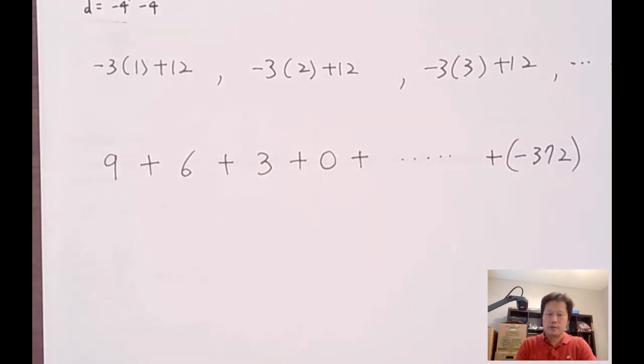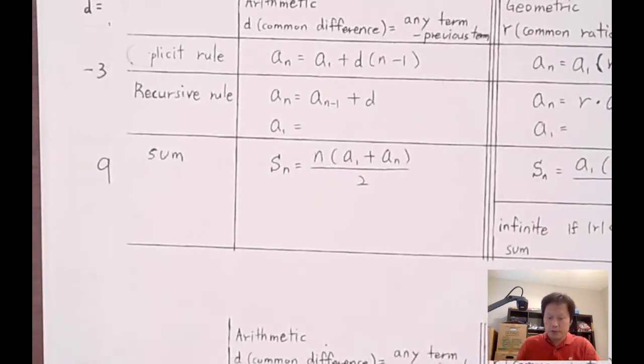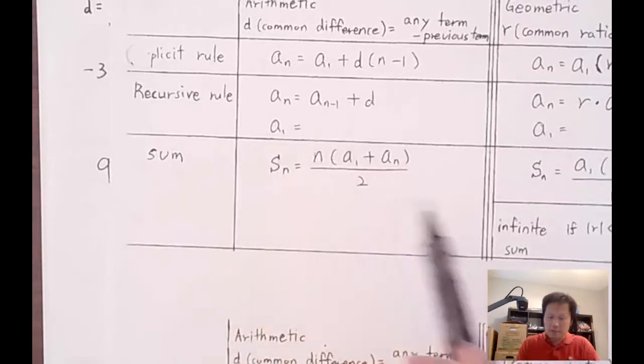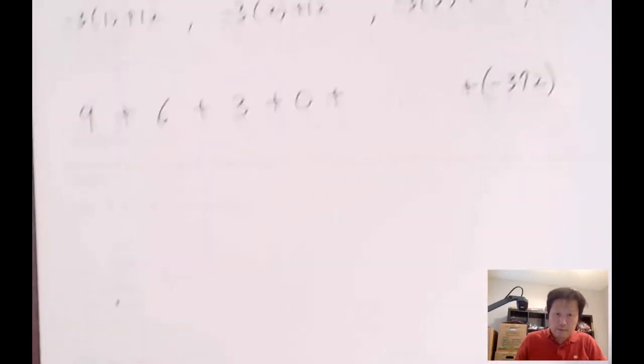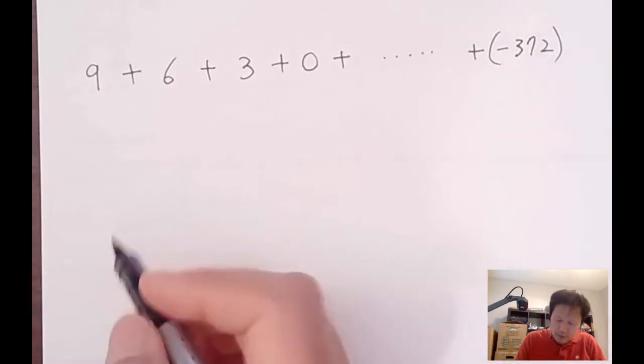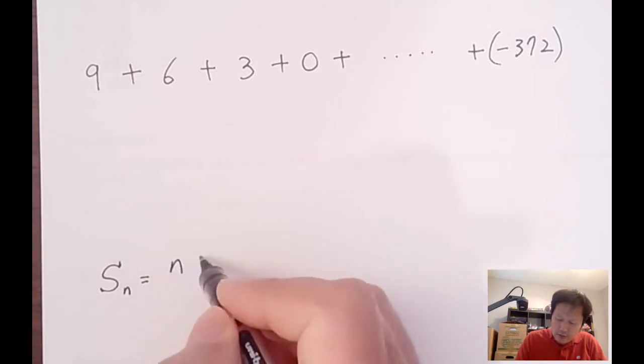So since it's an arithmetic sequence, you will have to use the summation for arithmetic sequence again. S of n equal to n parenthesis a sub 1 plus a sub n all over 2.